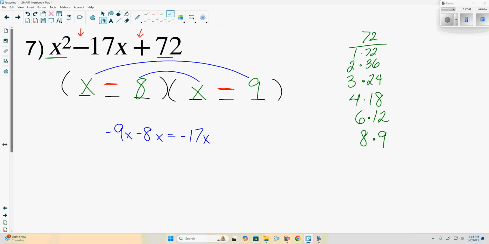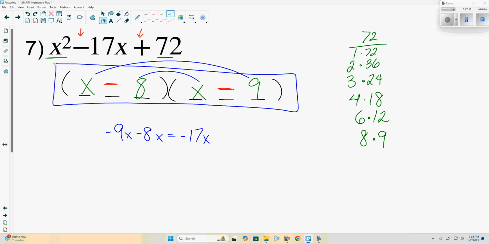Is that the middle term we wanted? Now, the graphing calculators won't calculate negative 9x minus 8x because it needs a value for x. But it will do negative 9 minus 8 just fine. And since they are like terms, it'll still have x. Questions on this here? Are you ready for the next one?